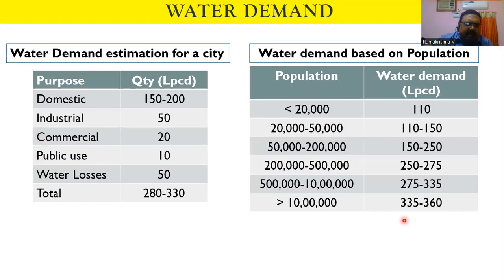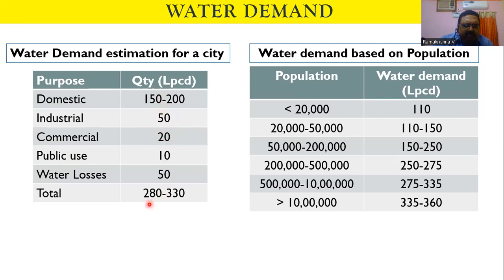So to simply calculate the water demand for a city, we consider the domestic, industrial, commercial, public use, and water losses. We'll put these values here based on thumb rules, and for industry I'm taking 40 to 450, and then 50 here, assuming that the industries are very minimal in this area, and commercial is also minimal.